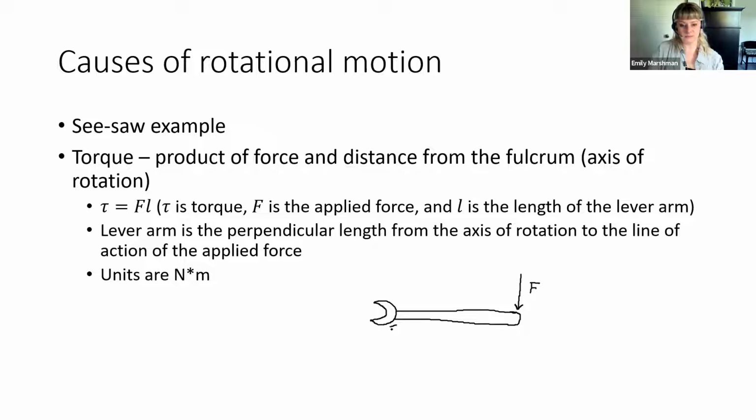The lever arm here would be the distance L from the axis of rotation, where the bolt is, out to where the force is being applied.